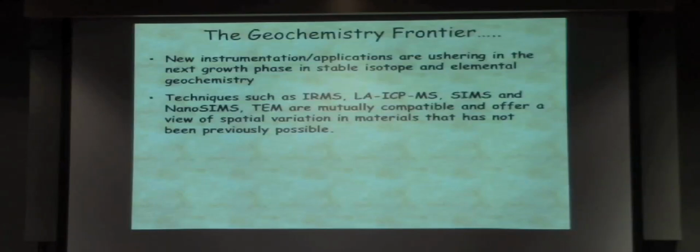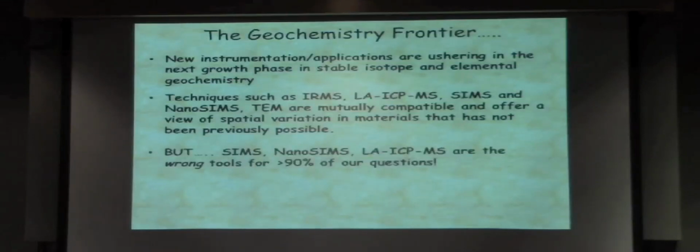And laser ablation, nanosims, SIMS, TEM, some of them are old, some of them are new, combined with gas source IRMS. Wow, it's an exciting time because now we have the techniques to be able to tackle a lot of the problems that you can think of that nobody's touched, a lot of low-hanging fruit at the moment.